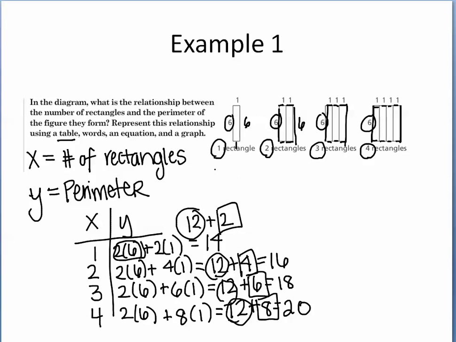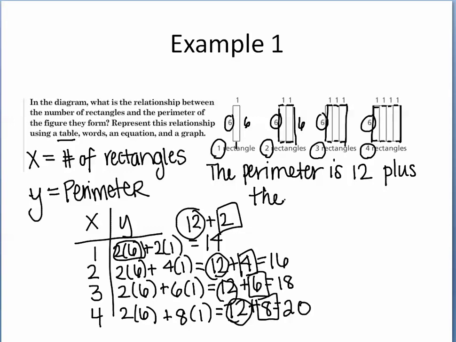So we could say the perimeter is 12 plus the double of the number of rectangles.